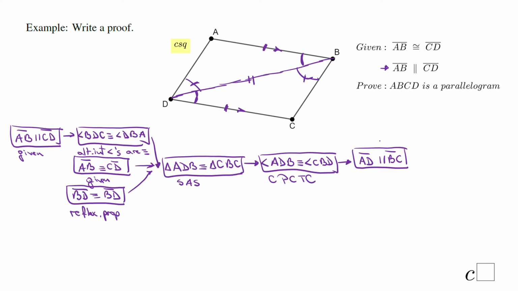And this is the converse of alternate interior angles. If the alternate interior angles are congruent, then the lines, in this case the segments, are parallel. So I'm going to write one more time the first statement given to us. AB parallel to CD, and that was given.